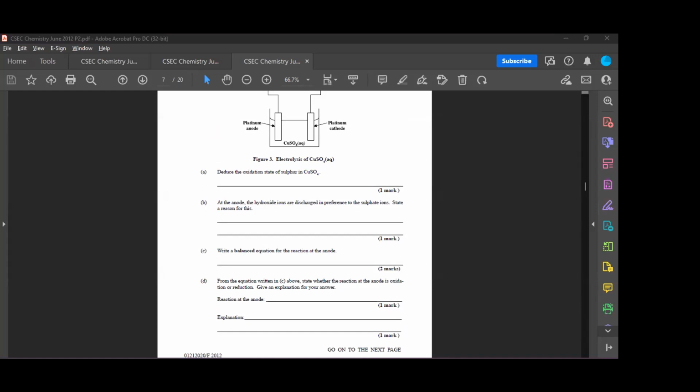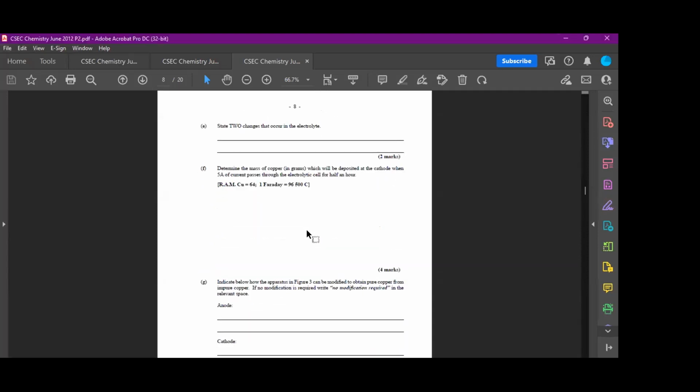Start to break down, and maybe a color change. There was the effervescence, sir, at the anode. Remember, it asks you for the electrolyte. The color. Electrolyte. Solution.